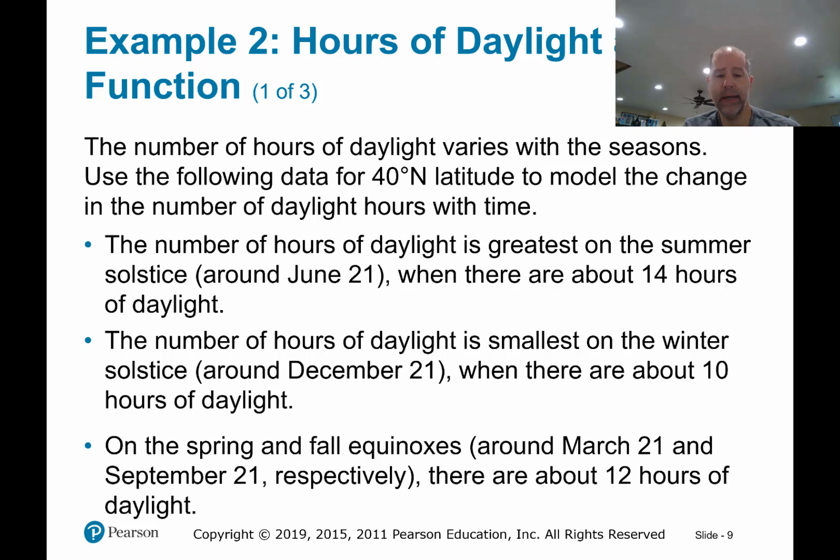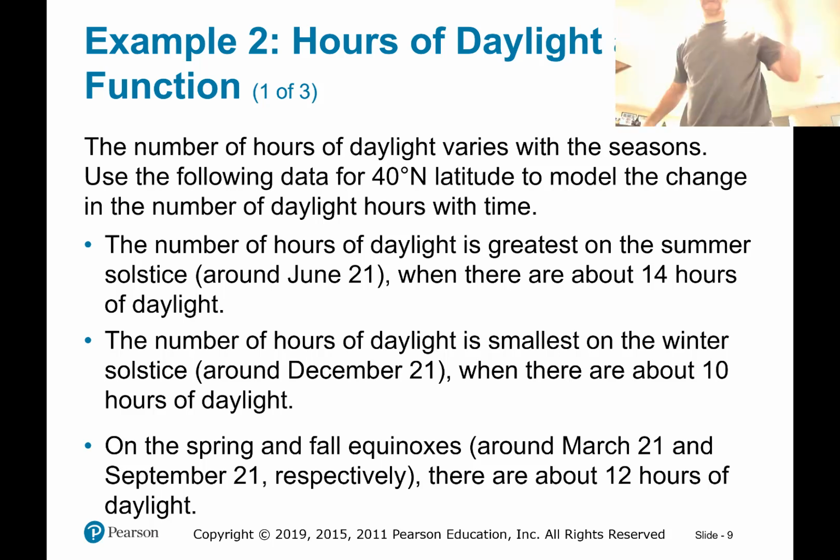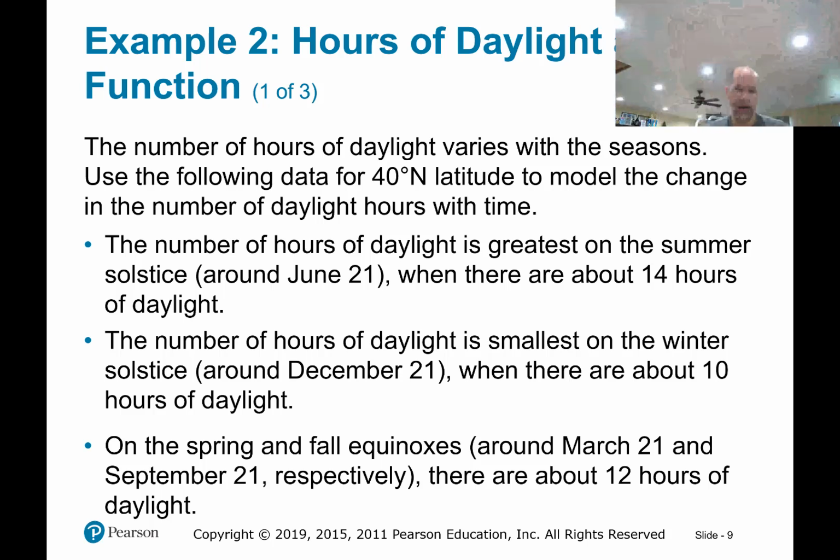So we've got the spring and fall equinoxes, and those are around March 21st and September 21st, respectively. There are about 12 hours of daylight, so about the same number of daylight hours as there are nighttime hours. Okay, so now we've got 4 points that we can plot throughout the year.